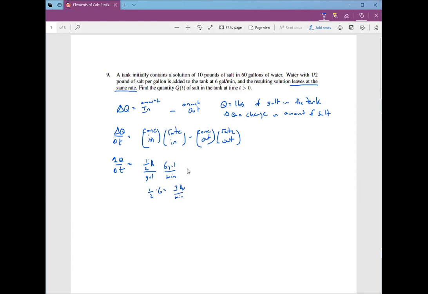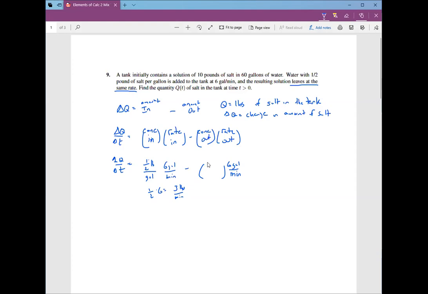Minus, and we have conc out here. I'm going to save conc out for a minute. It's leaving at the same rate, so this is still 6 gallons per minute. Now, conc out. The concentration is the amount of salt in there divided by its volume. I don't know how much salt's in the tank.